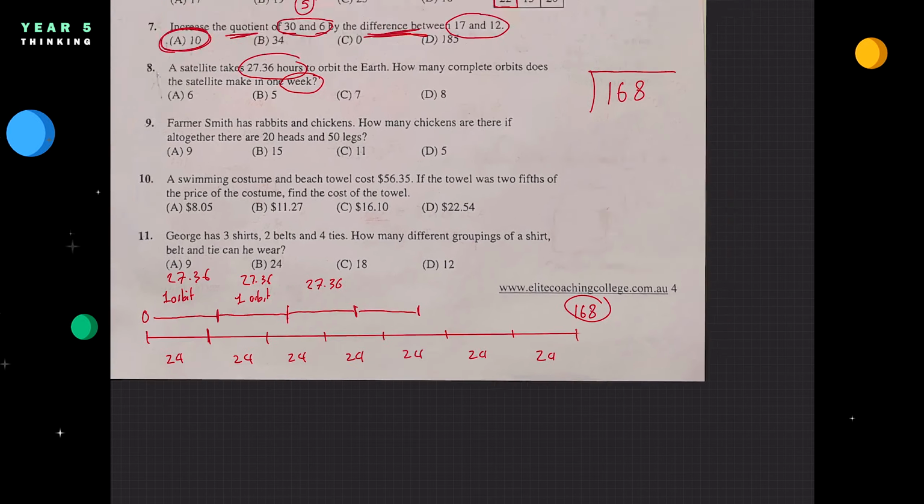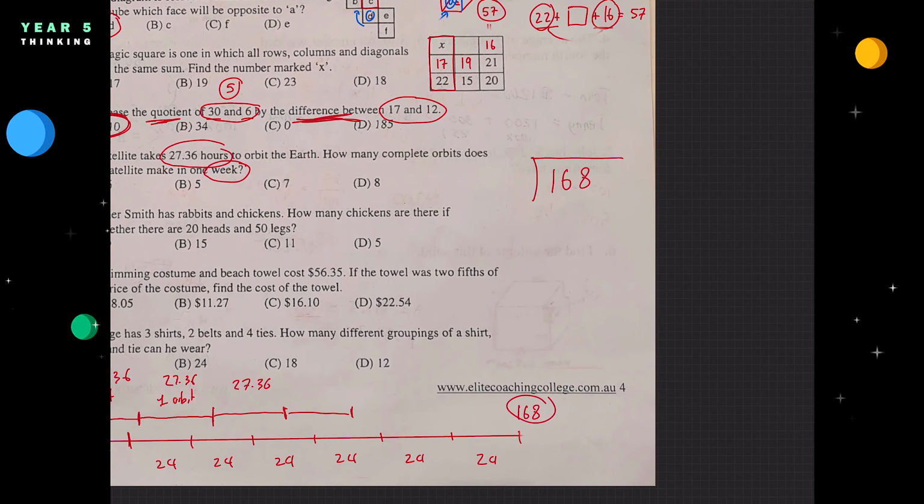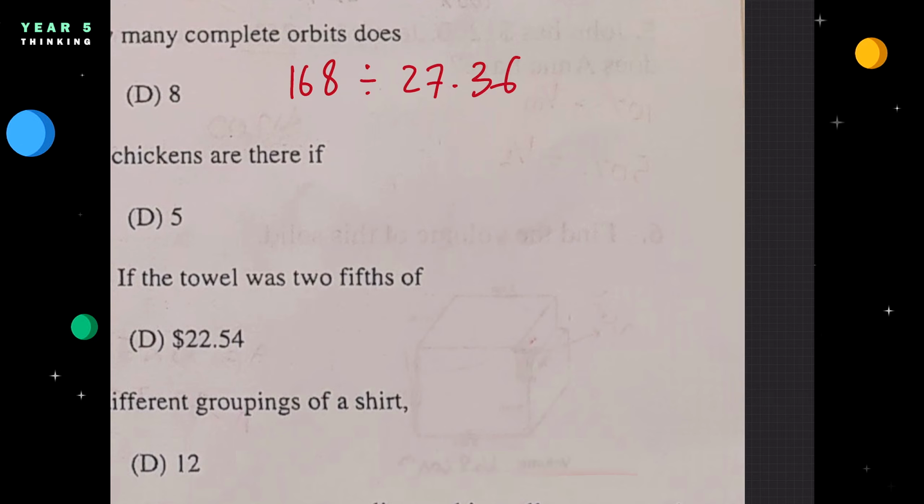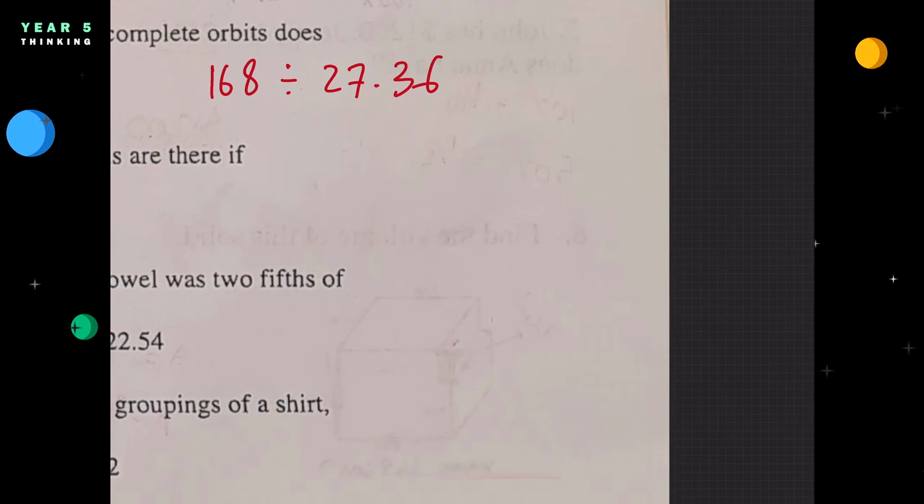So you're taking 168 and dividing it by 27.36. Now that looks complicated, right? It looks really hard to divide. So for this question, you have to be a bit good with your division.